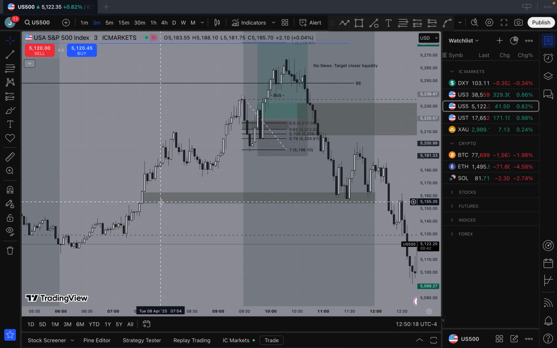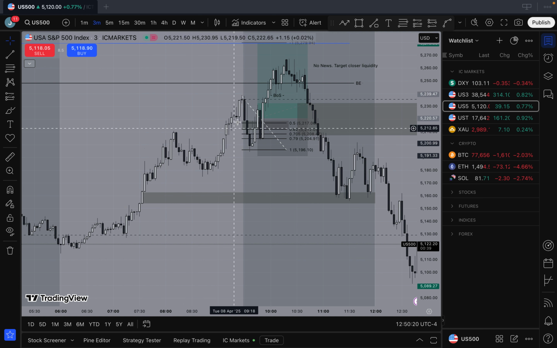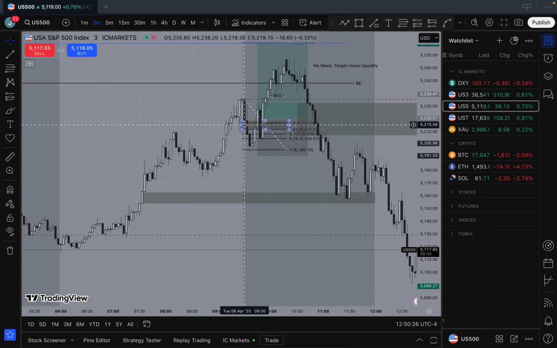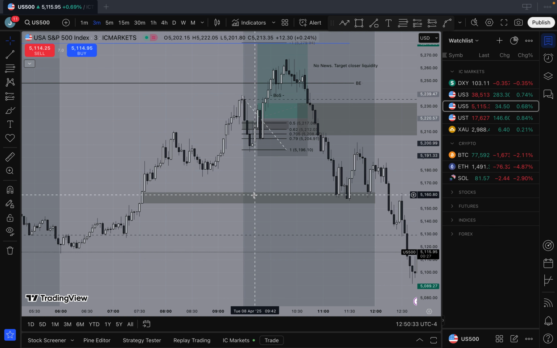This 3-minute fair value gap here. I was thinking initially, we could see this pull down. So after we retraced into this fair value gap, we see that pull down, and then we hit the fair value gap down here. However, price was looking quite bullish today, and that was something that I took into consideration.